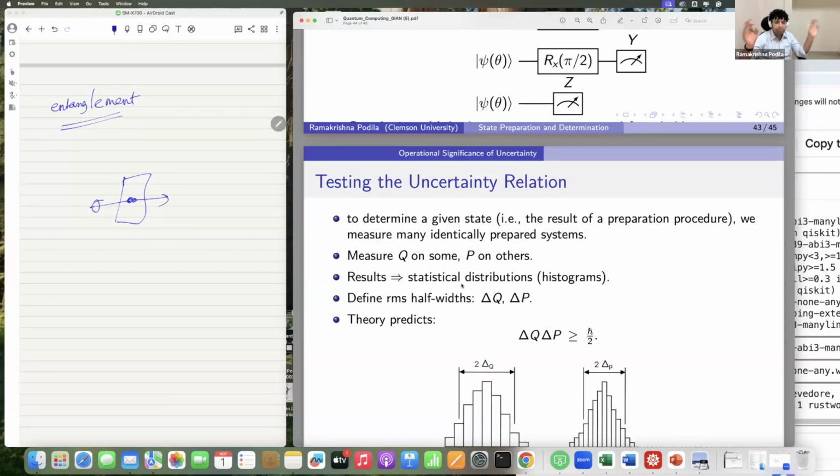I make measurements on multiple particles prepared exactly the same way. And then I see that whatever measurements I get on the left side, the statistical distribution is correlated to the statistical distribution on the right side. The operating term is correlation. So if there are correlations in those measurements, that is what we call entanglement.